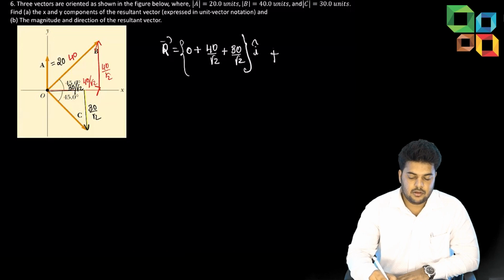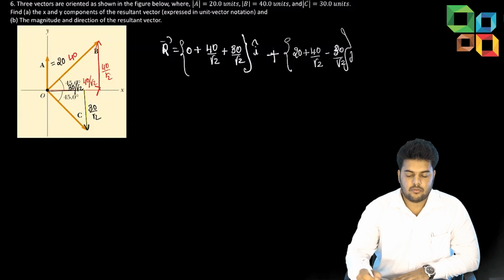Plus, what are the total y components? 20, 40 by root 2 and minus 30 by root 2. 20 plus 40 by root 2 minus 30 by root 2. And this is along the y direction. Now you can certainly simplify this.